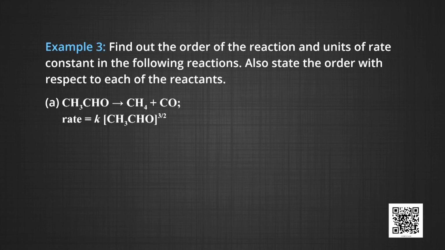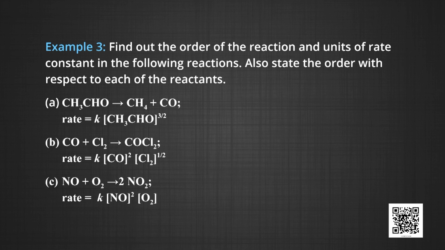Now, the rate law is rate is equal to K, the molar concentration of CH3CHO raised to power 3 by 2. Another equation, carbon monoxide plus Cl2 gives COCl2. For this the rate is equal to K, concentration of carbon monoxide raised to power 2, concentration of Cl2 raised to power half.